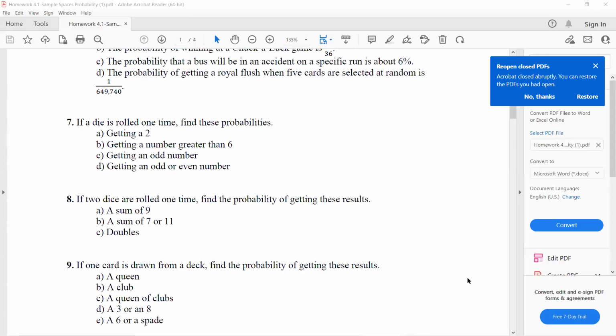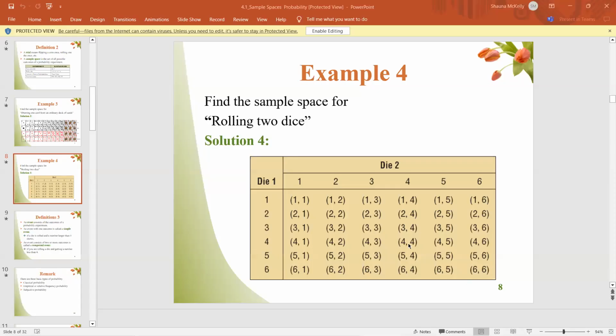What do you think about B, a sum of 7 or 11? Let me put the sample space up for you. So here we're doing the probability of 7 or 11.